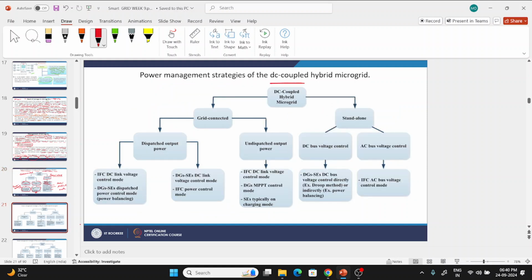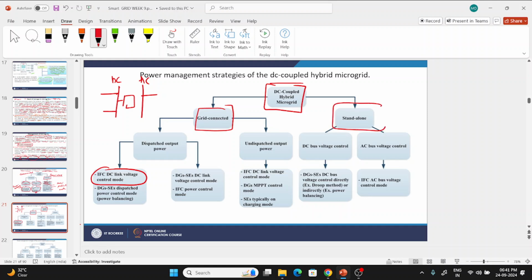Now for the DC, as you know, when there is a DC bus in the structure of the microgrid, that hybrid microgrid is called the DC coupled hybrid microgrid. In the grid connected mode, it is being done on the basis of ISC interlinking converters.